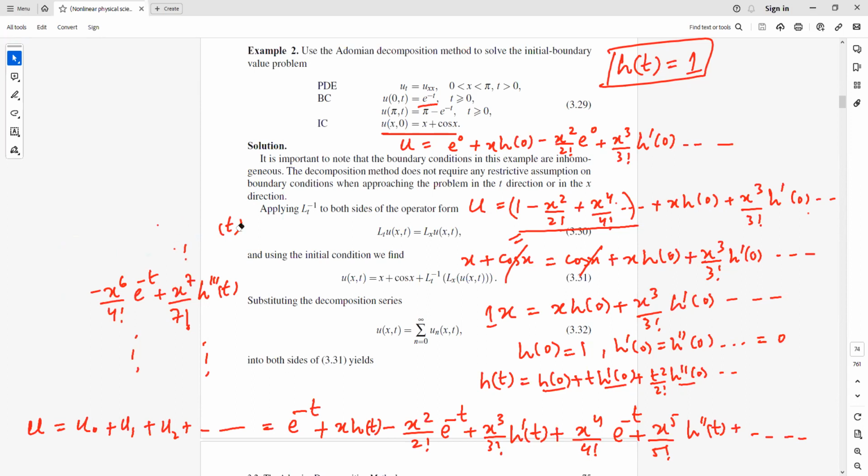let us write here the final result of this problem.